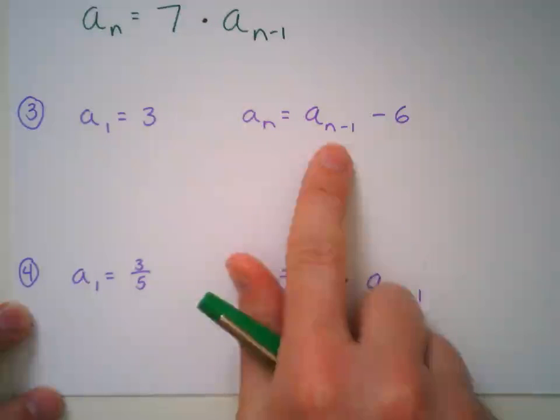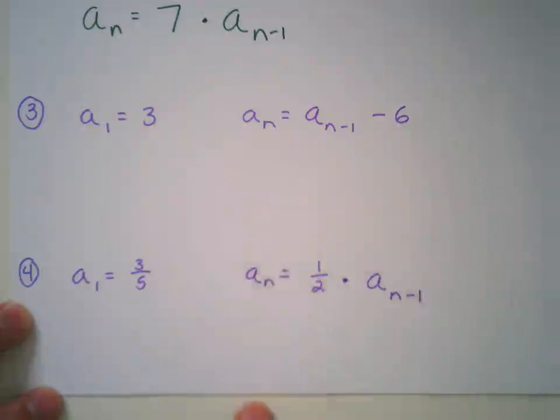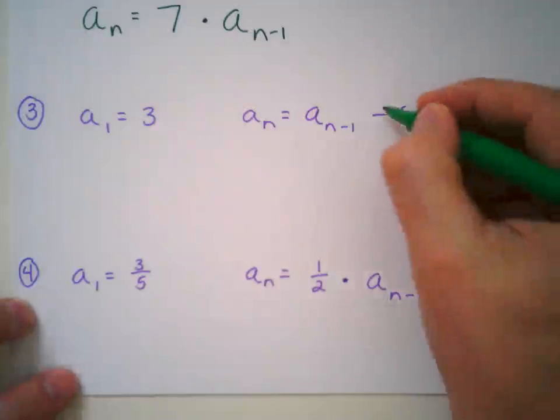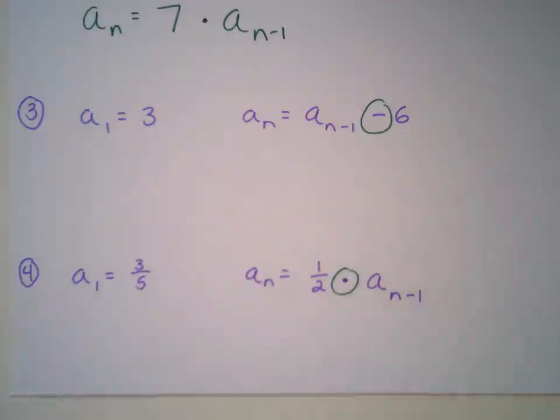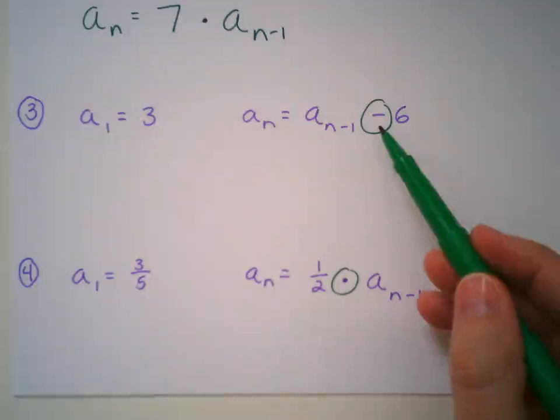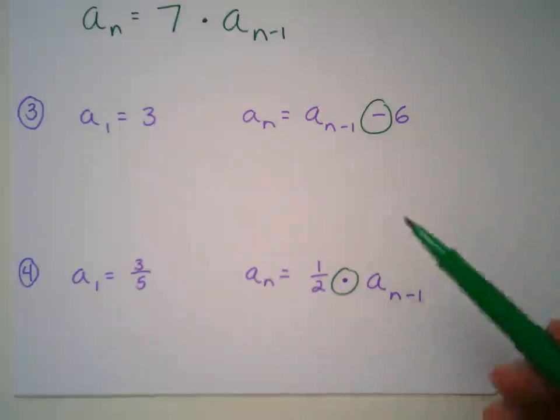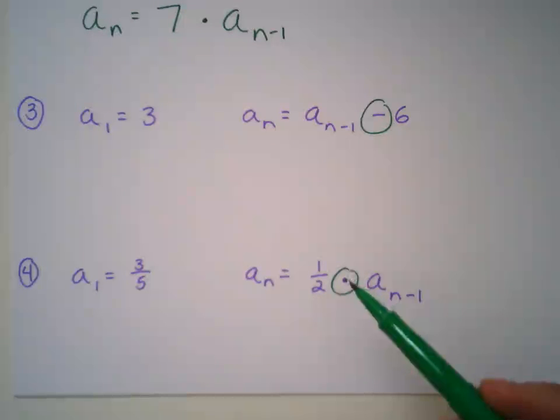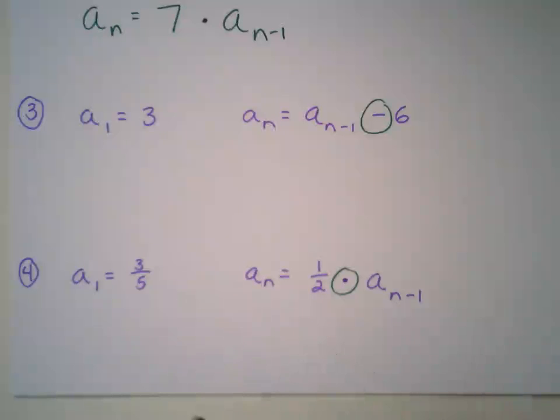This says A sub n minus 1 minus 6, and this says 1/2 times A sub n minus 1. So that's the biggest difference. This says minus, this says times. Because this says minus, this is the arithmetic sequence. And because this says times, this is a geometric sequence.